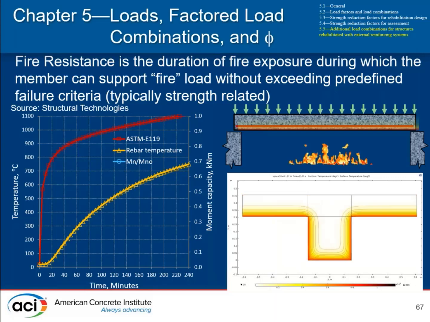You can see that at a time of 120 minutes, the temperature in the fire is around 1,000 degrees Celsius, and the temperature of the reinforcing steel is about 500 degrees Celsius.